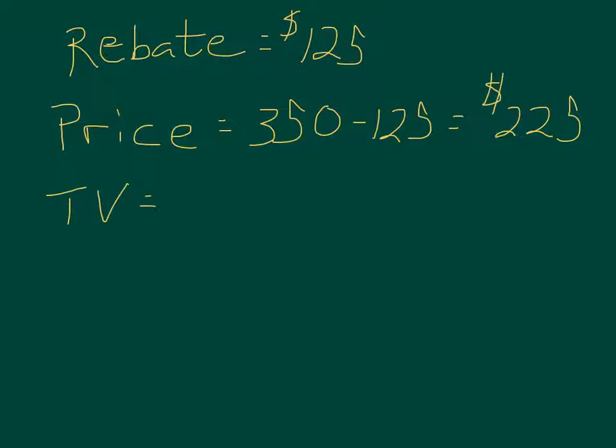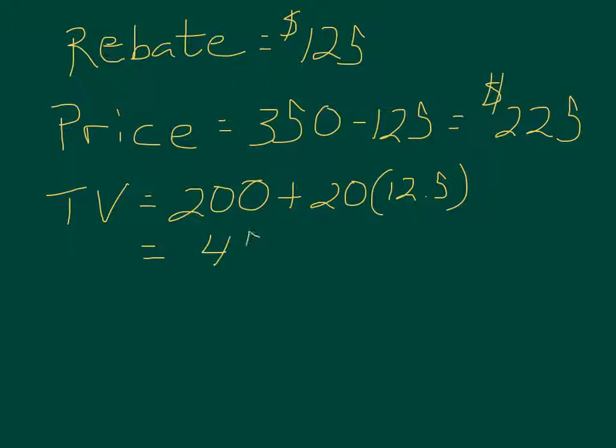The TVs sold were 200 plus 20 for every change that we made, and we made 12.5 changes. So that would equal 450 TVs being sold.